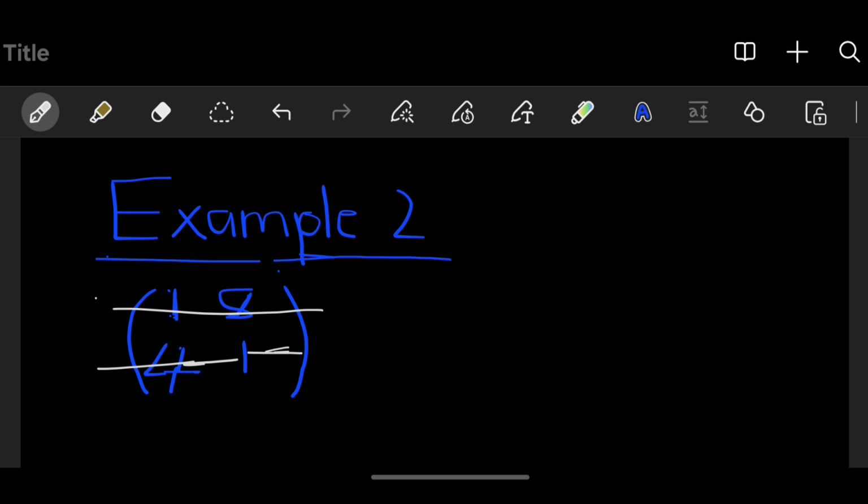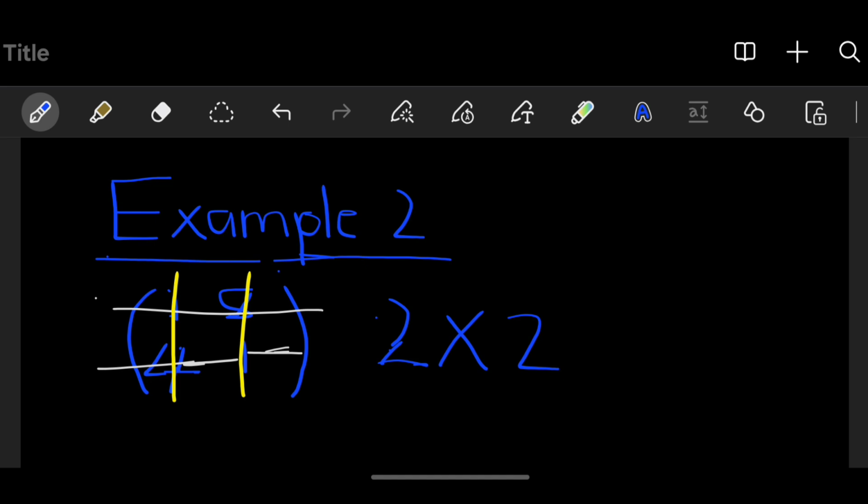Then we count the number of columns, which are 1 and 2. So this matrix is a 2 by 2 matrix because it has 2 rows and the number of columns is 2 as well.